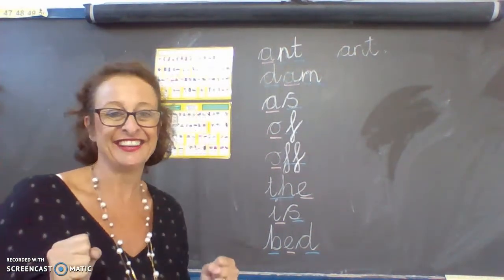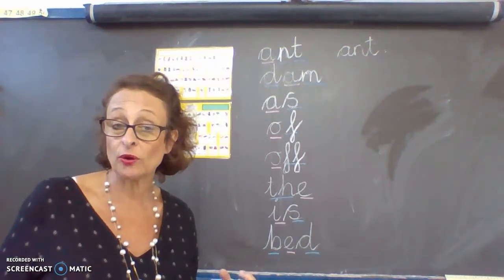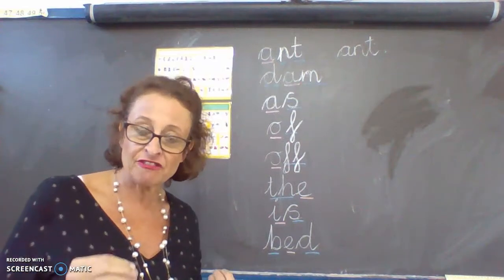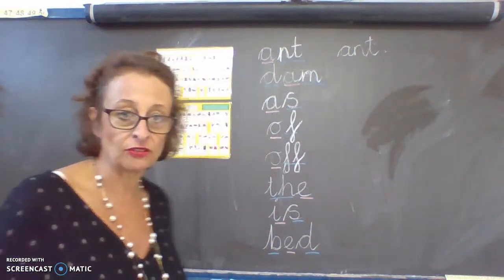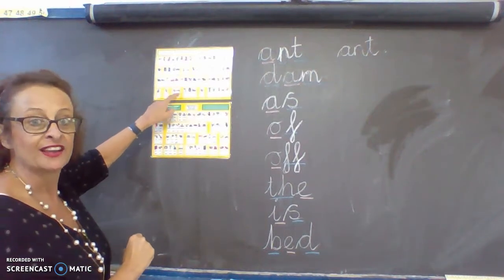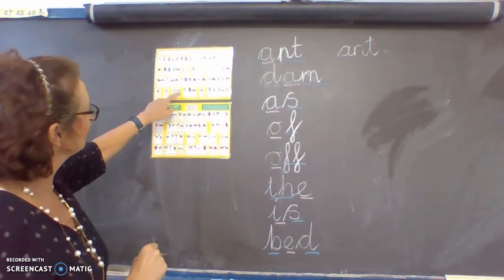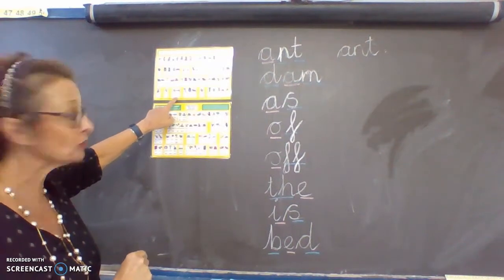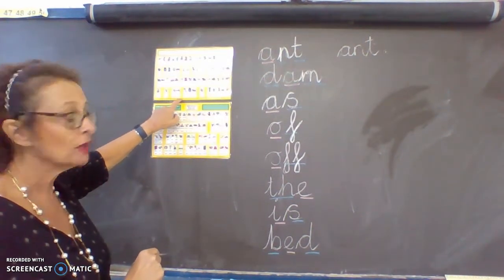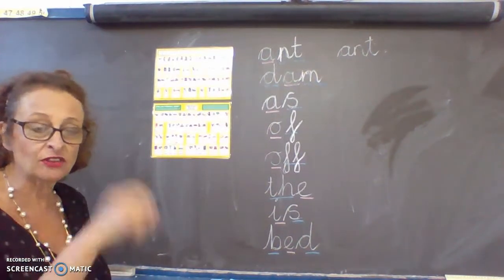Now, of is a word with a grapheme catch-all, a spelling choice that is not on the THRASS chart, because the F is making the V sound. If your child went to the V box, you will not see the F as an option. So what I do on my THRASS chart in the classroom is write it with a pen.